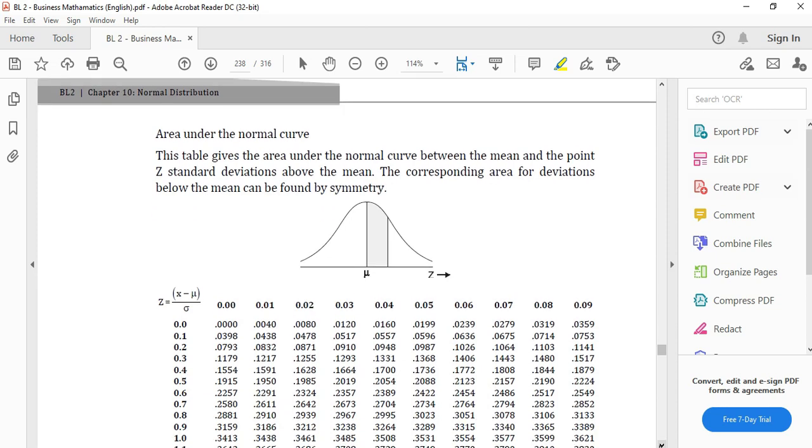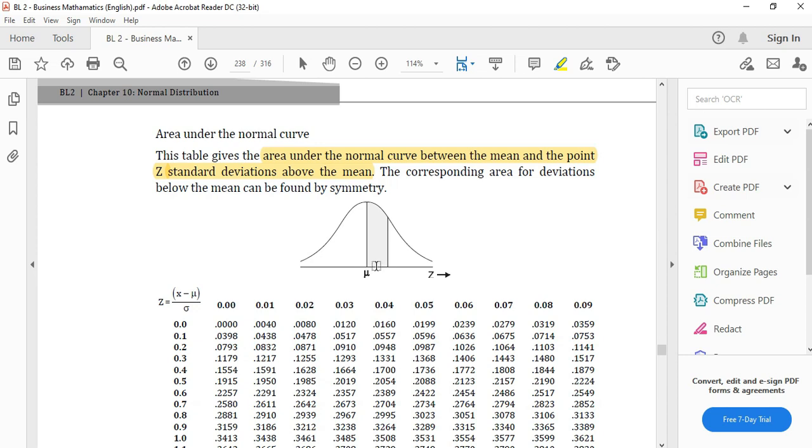Alright, so this is how it presents itself. The area under the normal curve between the mean and the point Z, this side, is where the standard deviation is greater than the mean. See my cursor, this area is where your standard deviation is more than the mean.